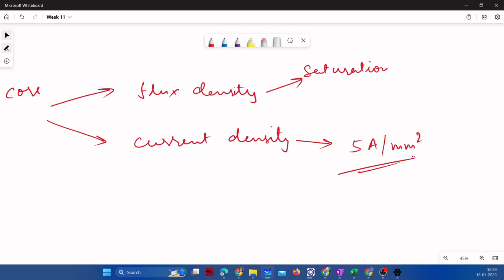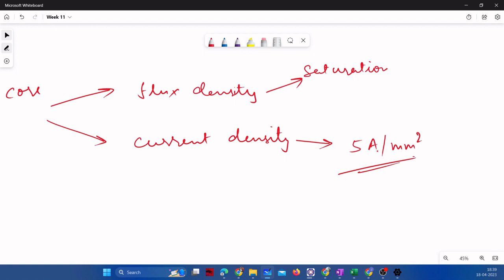It is generally used for natural cooling, right? So up to 5 ampere per mm square, you will probably not need any medium of cooling. Otherwise, you will require an additional cooling component or heat sink. So current density is limited, hence you cannot increase it more than 5 ampere per mm square.